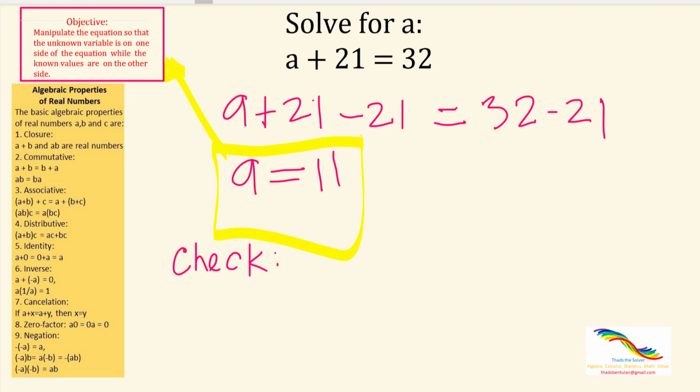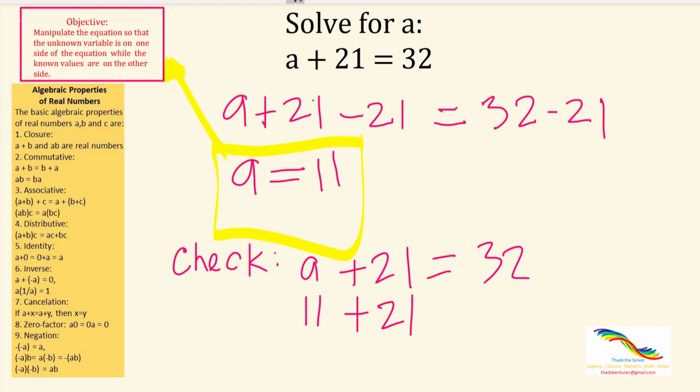So the original problem was a plus 21 equals 32. So we have 11 plus 21. Remember a equals 11, so that's why this is 11.